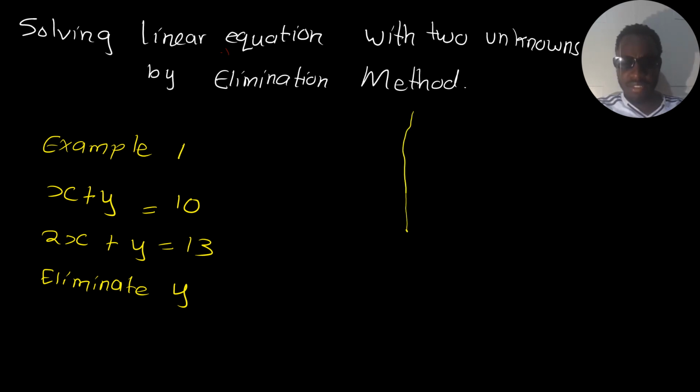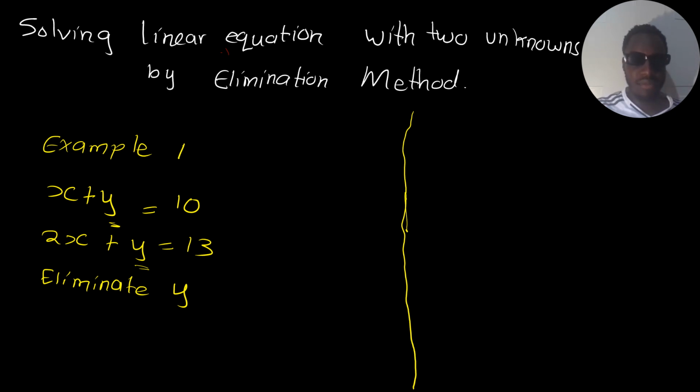The first thing you have to look at is the coefficient of the variable. As you can see here, we have y. The coefficient of y in the first equation is 1, and the coefficient of y in the second equation is 1. So the first thing is to check whether the coefficients are the same.